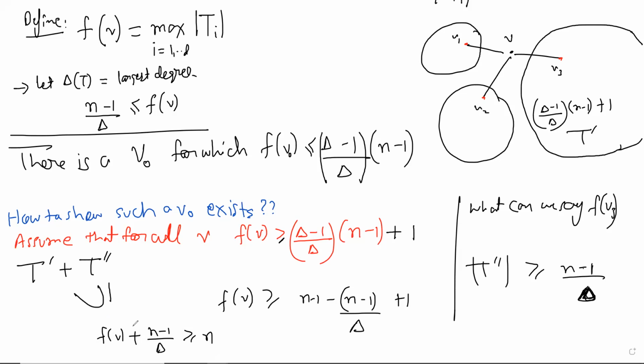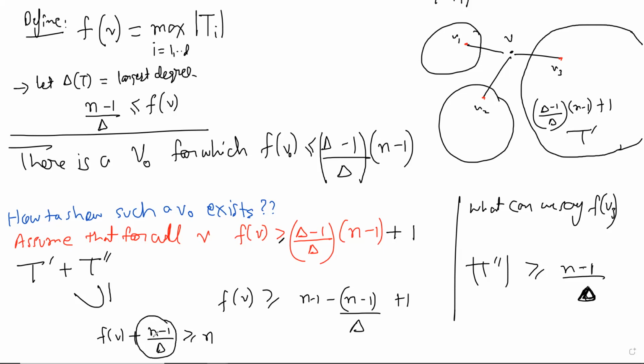Cannot remove the t. Okay, right. So this T prime is the tree which has this FV many vertices. And then there must be another tree T double prime whose size is at least this.